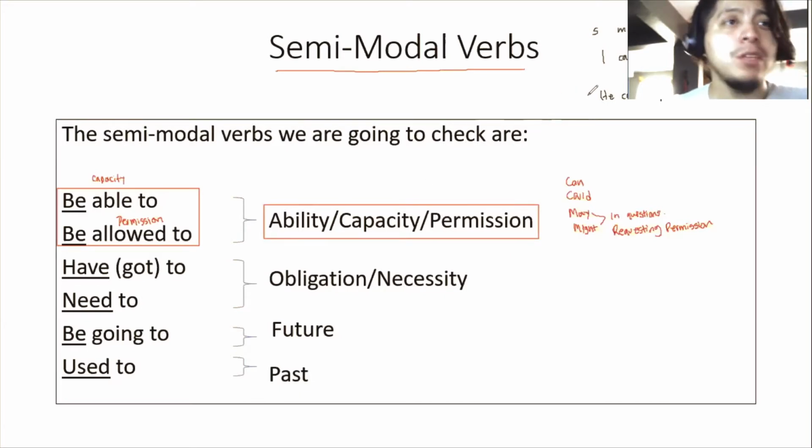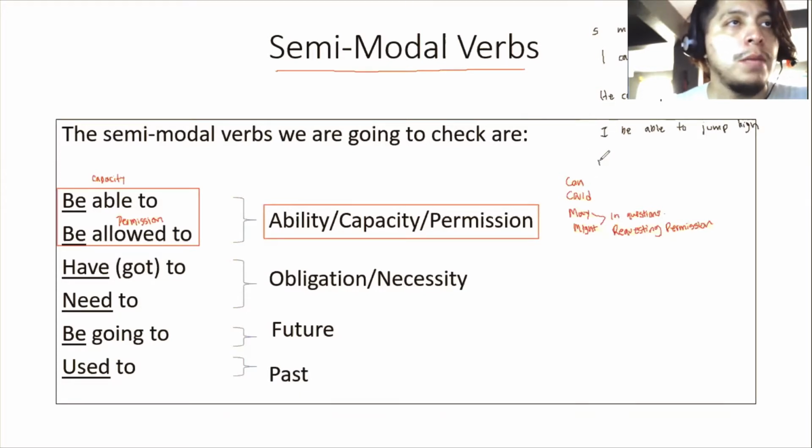When you say I can jump high, it may mean that I have the ability to jump high or that I have permission to jump high. If you want to use the semi-modal verbs, you can use subject, the semi-modal verb be able to, and the verb in the base form, and again a complement, high.